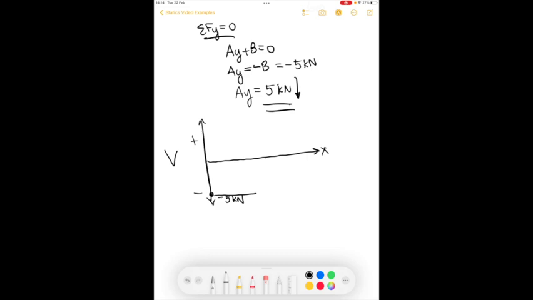Well, there's a moment applied here at the middle, but there is no upward or downward force, right? So we can continue on until we get to the point B. At the point B, there is a positive upward 5 kilonewton force. That brings us back to 0. So again, we have a single rectangle that makes up our shear diagram.